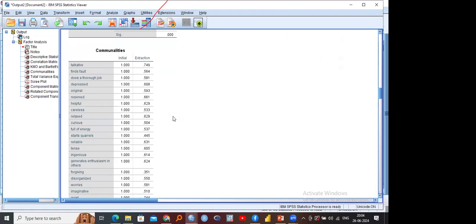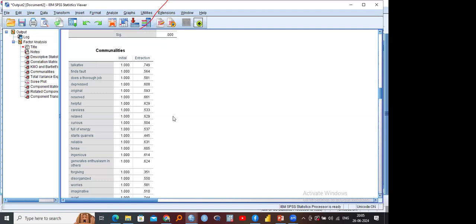If it is near to 1, then we say that it is able to explain a large amount of variation. If this value is near to 0, then we say that that particular variable is able to explain less variation. Now, what is the cutoff rule and how do we decide?